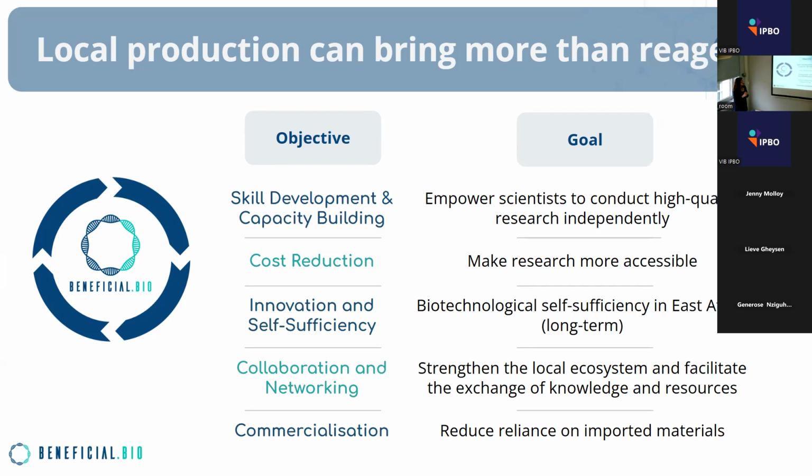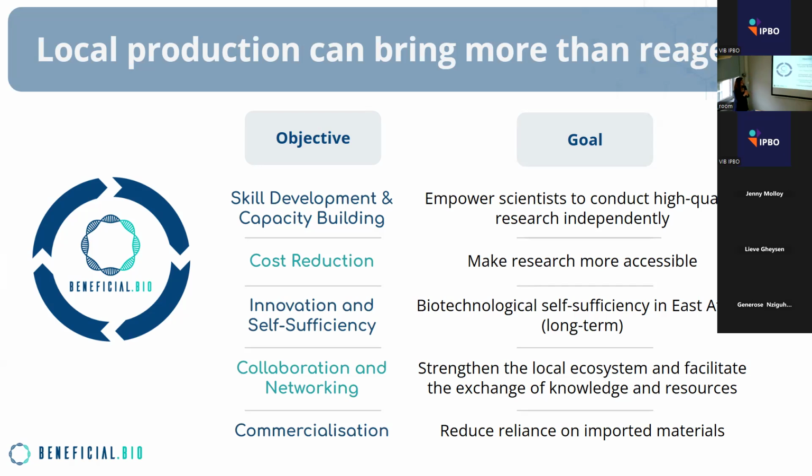There is, generally speaking, a cost reduction because you take out the shipping and cold chain and customs cost. Even if international suppliers really drop their prices, they have a ceiling which they can lower, but there's a base price that it's always going to cost to ship something from one place to another.